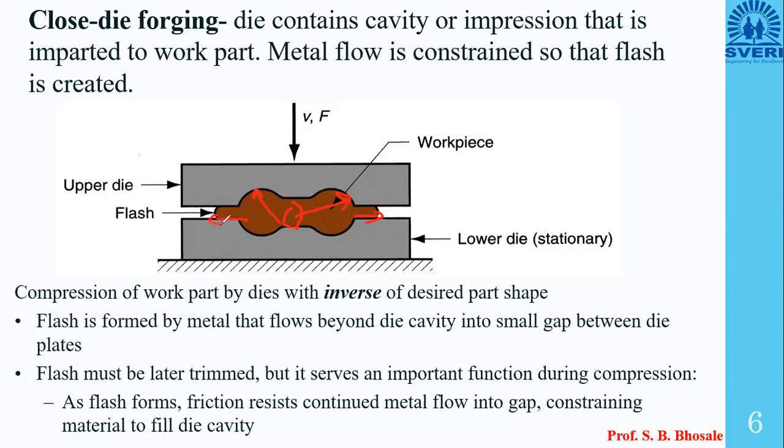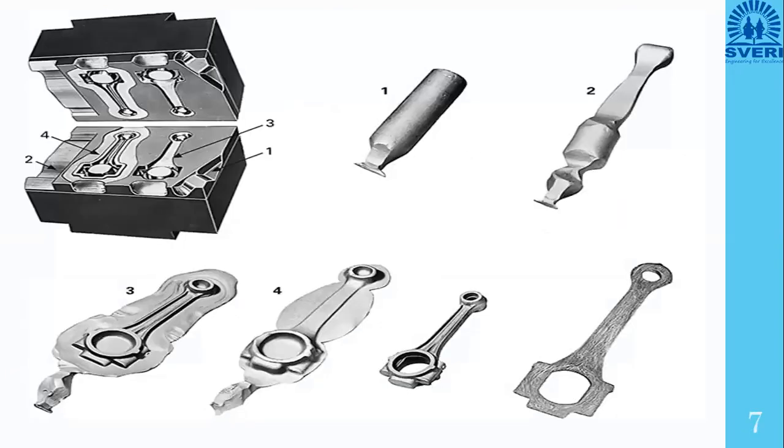So first the metal should fill the cavity, and after filling the cavity, it will reach the flash condition. That's why flash is important. It ensures that whatever cavities are on the dies, they are 100% filled.